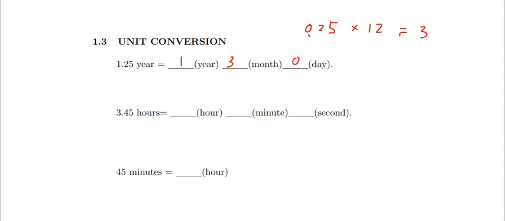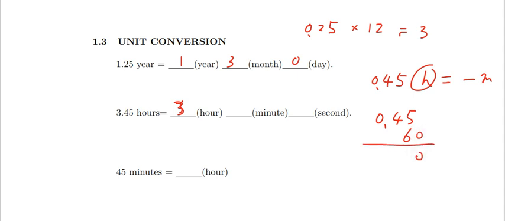So here, 3 hours. And how many minutes? We need to change 0.445 hour into minutes. So 1 hour equals 60 minutes, so we just multiply by 60.